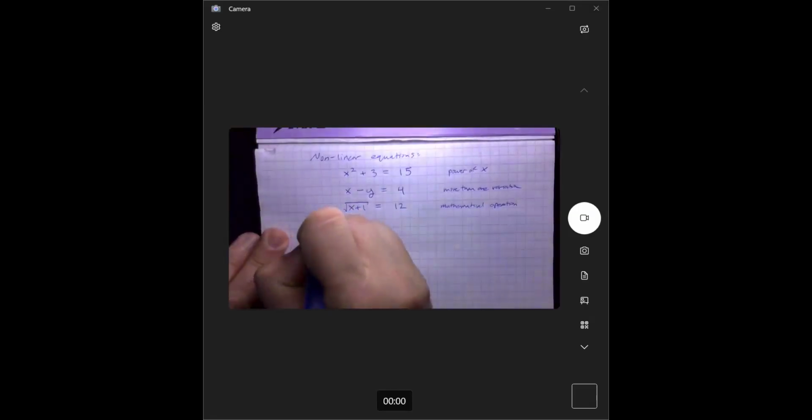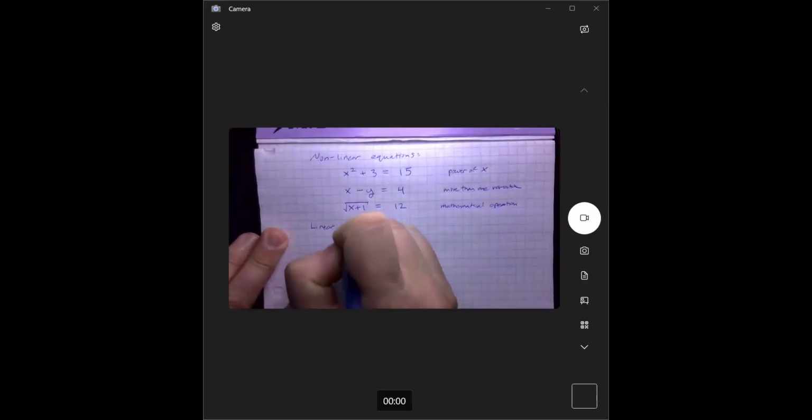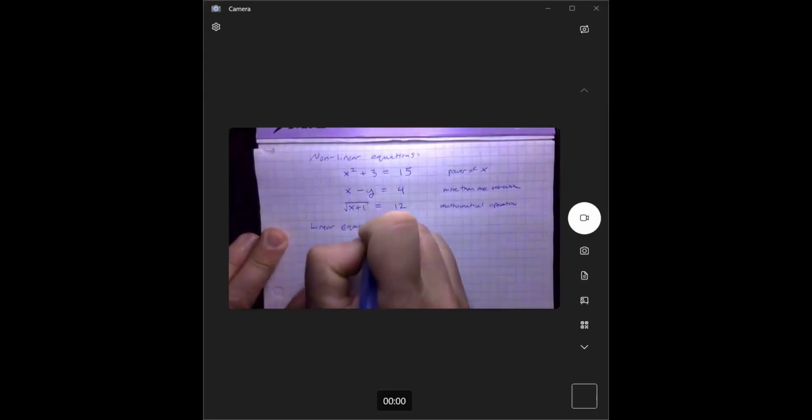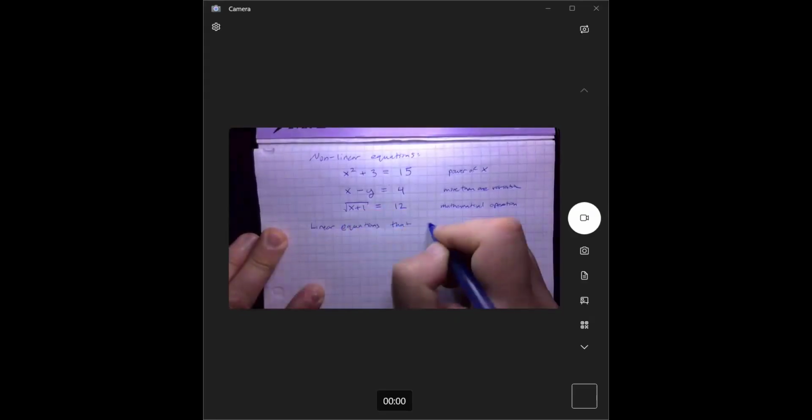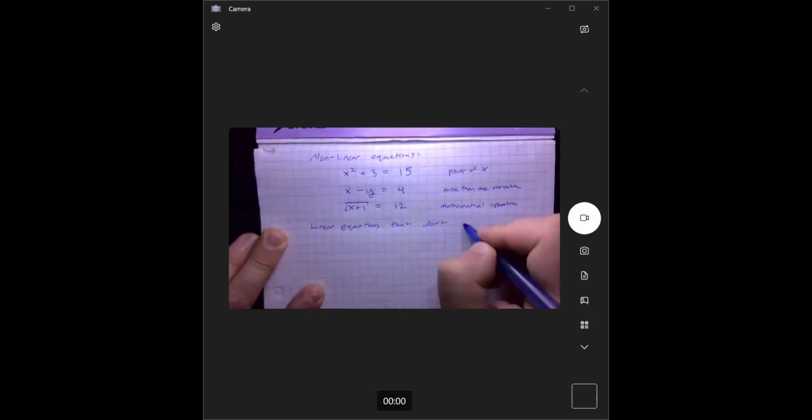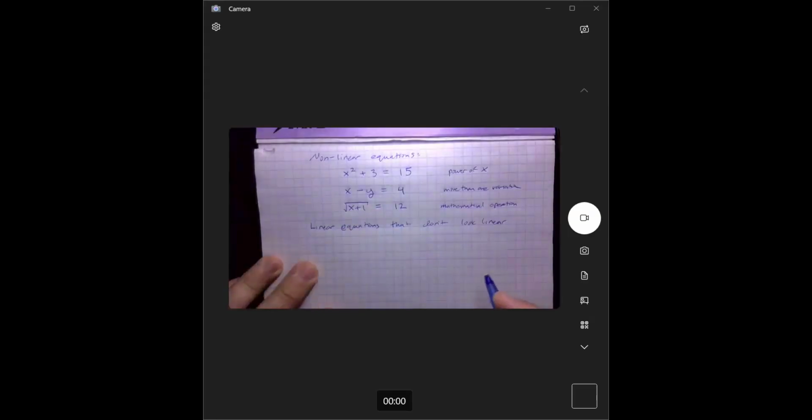So linear equations that don't look linear at first glance. I could have something like 3x plus 1 equals 12x minus 8.